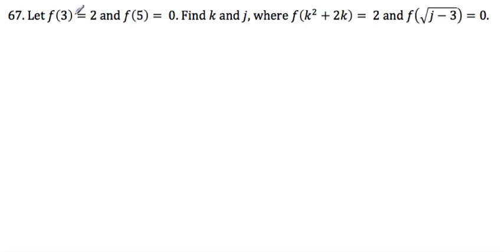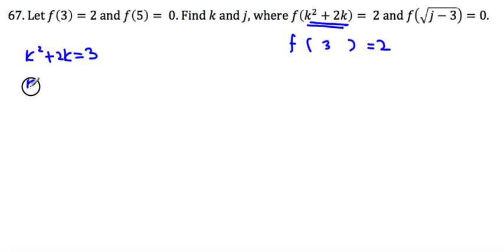Number 67. f of 3 is equal to 2 and f of 5 is equal to 0, and we need to find out k and j, where this one is true. Now, f of 3 being equal to 2 can be compared to this way. Then simply means k squared plus 2k will be equal to 3. Let's try to take care of that first. k squared plus 2k must be equal to 3.